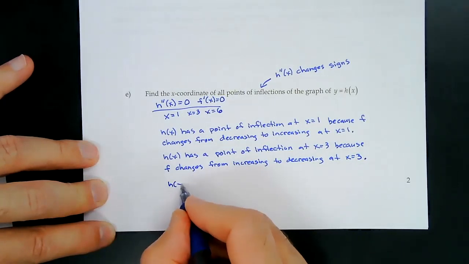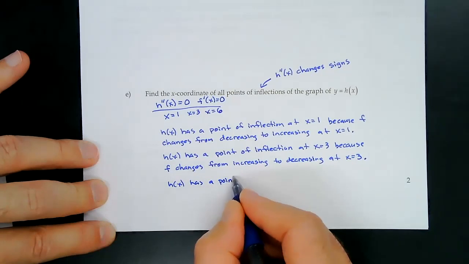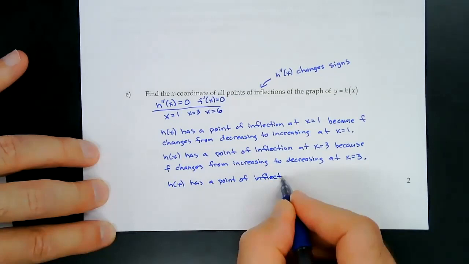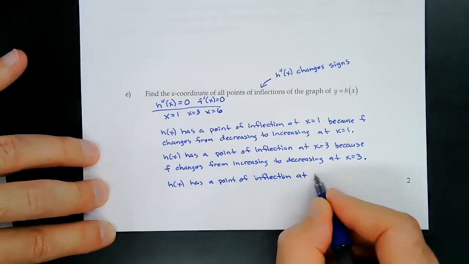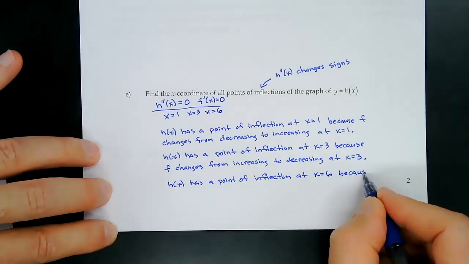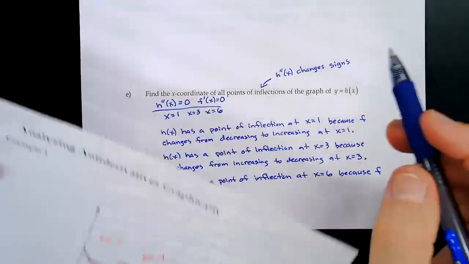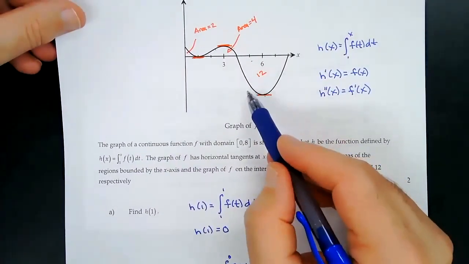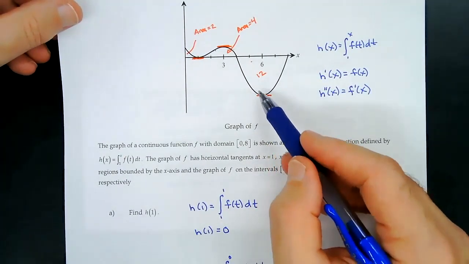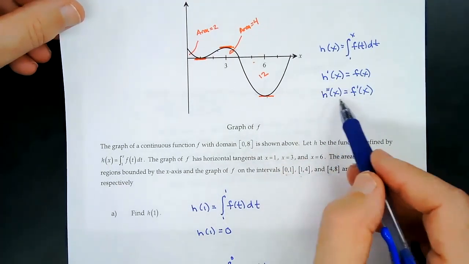And then we have one more. So h of x has a point of inflection at x equals 6 because h double prime of x changes signs at 6. How do we know it's changing signs? It's because f prime is changing signs, because h double prime and f prime are the same thing.